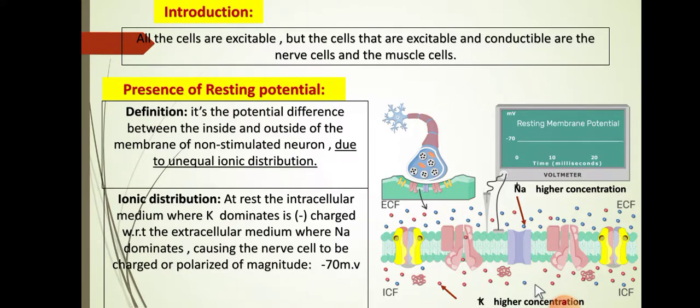It is not negative in absolute terms, it is negative relative to the extracellular medium. This means that the extracellular medium is actually much more positively charged than the internal medium. Okay? Causing the nerve cell to be charged or polarized with a magnitude of -70 millivolt. So -70 is inside, -70 is inside the neuron. Okay?